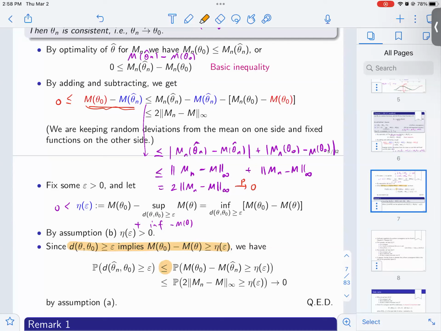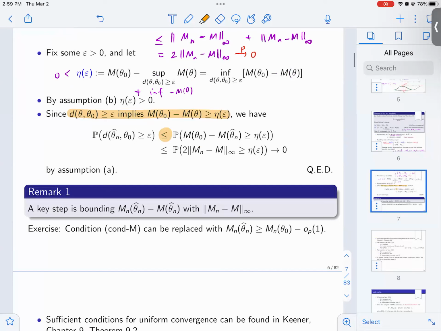And this logical implication can be translated into a probability statement: if an event implies another event, then this holds for any theta, applied to theta hat n. So this is an event now. I have that this implies M theta naught minus M theta hat n is bigger than or equal to eta epsilon.